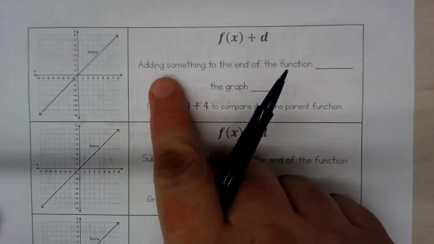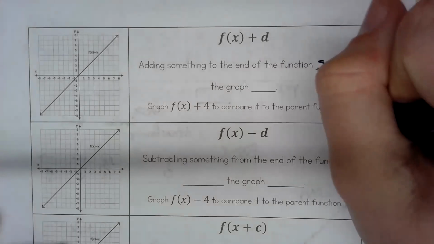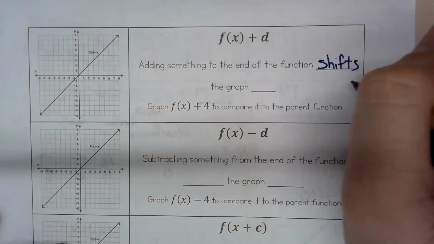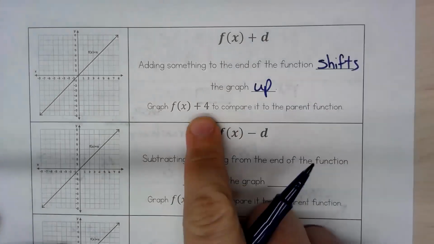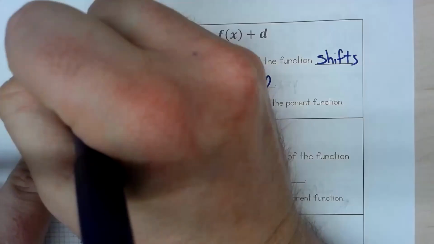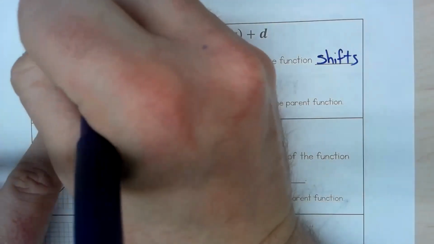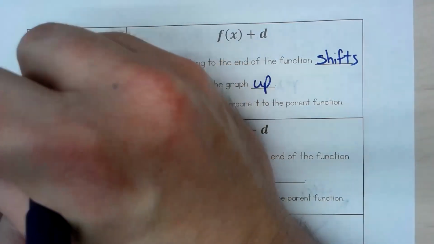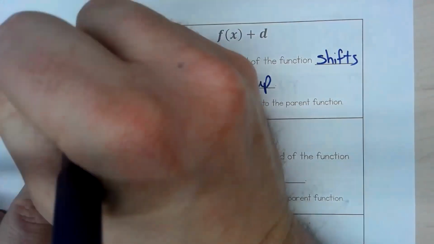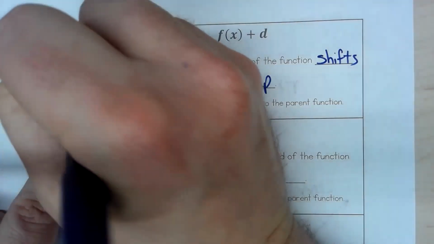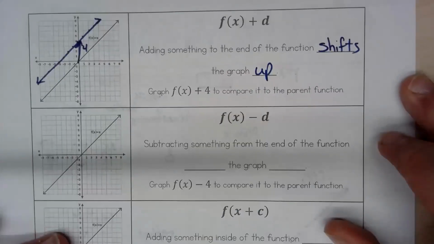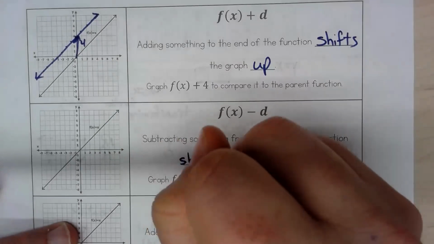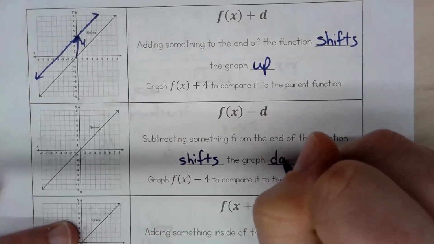When we add something to the end of the function, it shifts it up. Like x plus 4 is going to shift our function up 4 spots. All right, this got shifted up 4. Or if I subtract something on the end, it shifts the graph down.